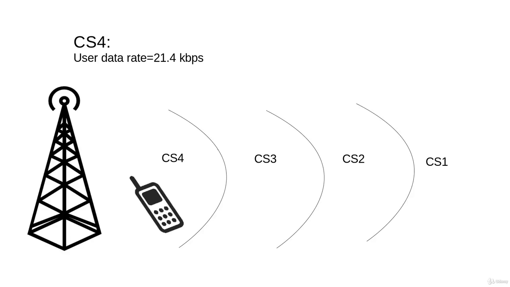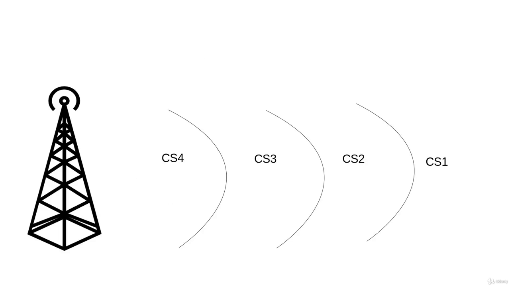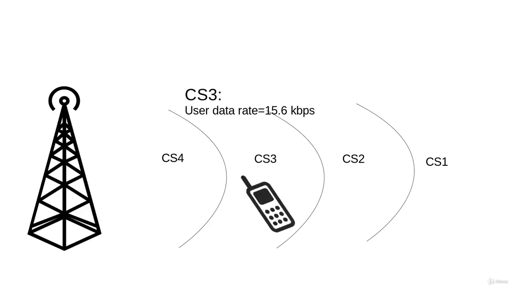So in that case, out of that 22.8 kbps of total effective data, we can use 21.4 kbps for the user data rate or user information. This means that a very small portion of the 22.8 kbps is used for the error correction.